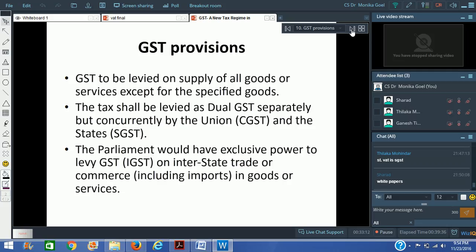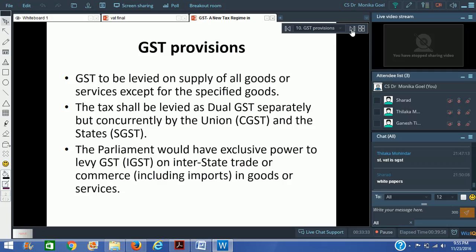Now, there's another tax in the GST framework, which is called IGST. IGST is replacing CST. That means in case of interstate trade or commerce, the tax which is going to be levied will be called IGST. Now it's getting clear?